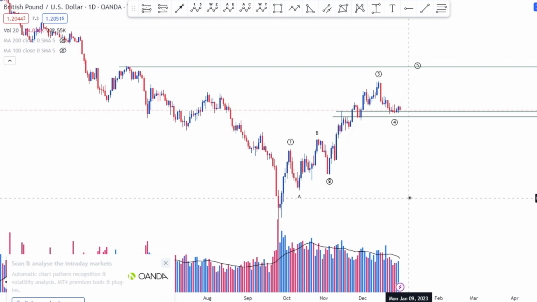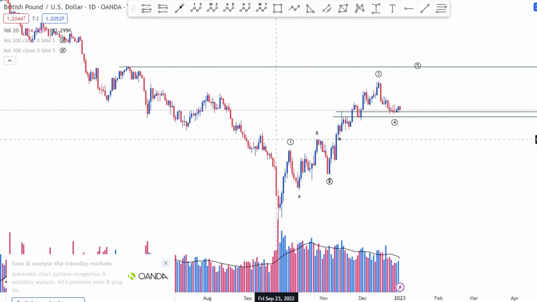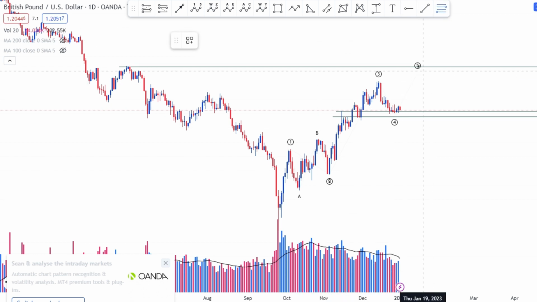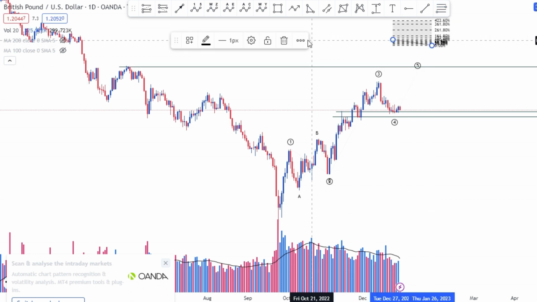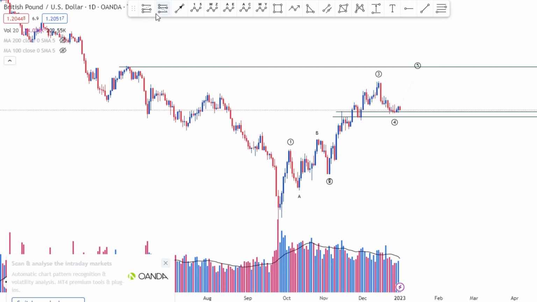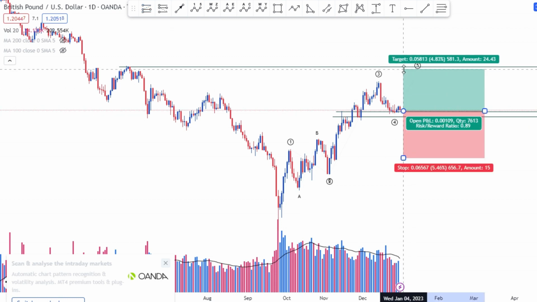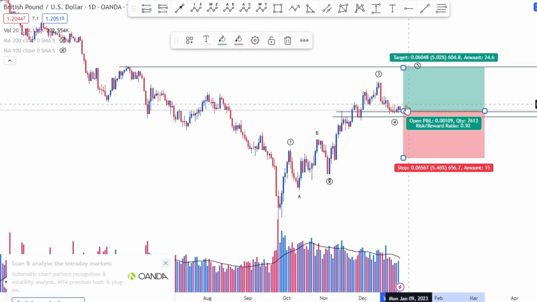This is the live trading currently running on GBP USD. You can take advantage of this trade.